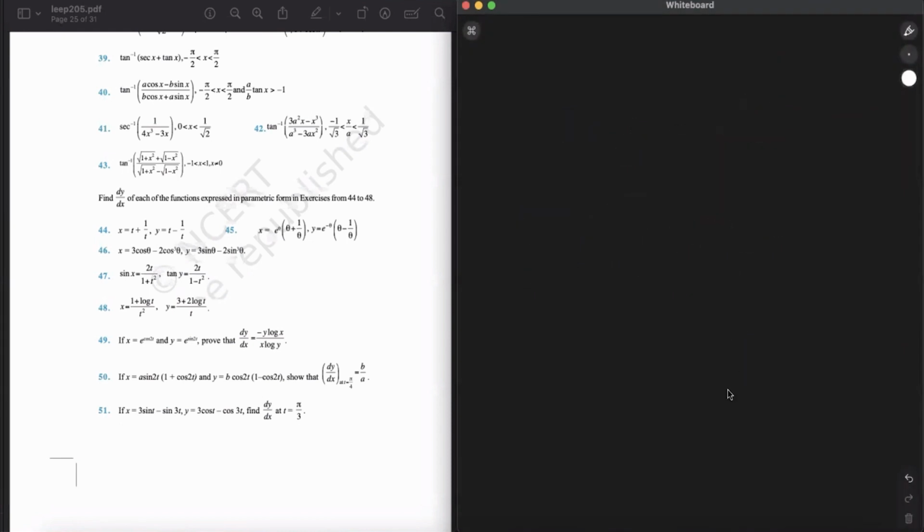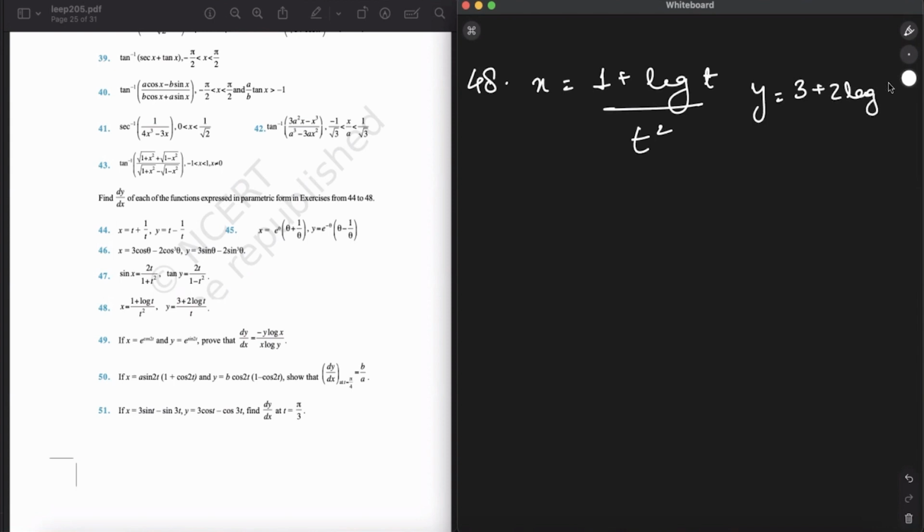Okay. So moving forward, question number 48. x is equal to (1 plus log t) whole divided by t square, and y is equal to (3 plus 2 log t) whole divided by t. Okay, what can we do in this situation? Hmm.